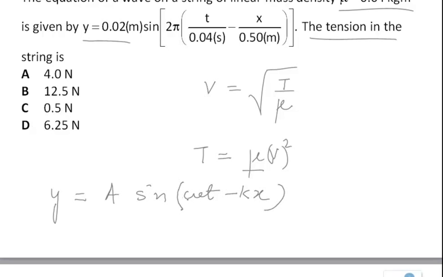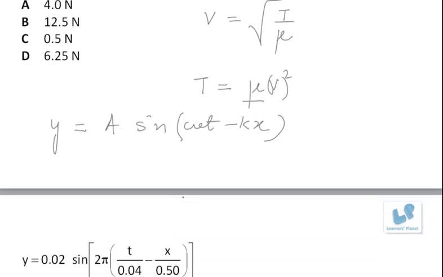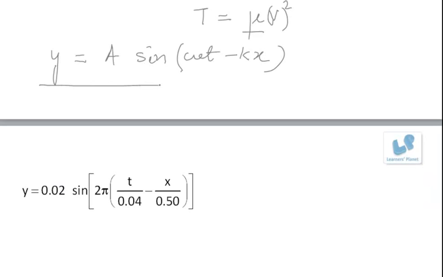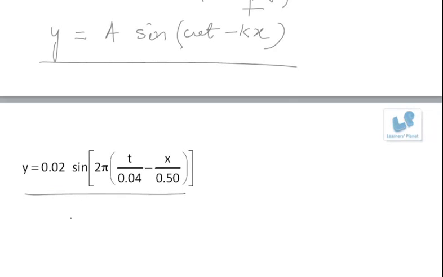This is the generic form of a traveling wave. Now if you compare this equation of wave with this, you can see that omega is given by 2 pi by 0.04 and k is given by 2 pi by 0.50.